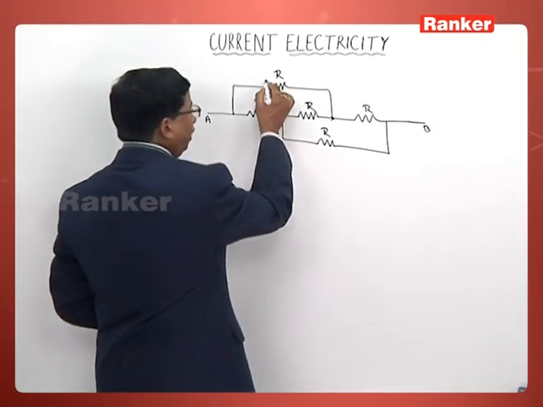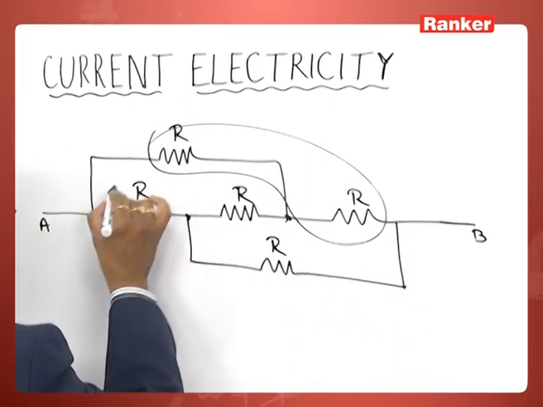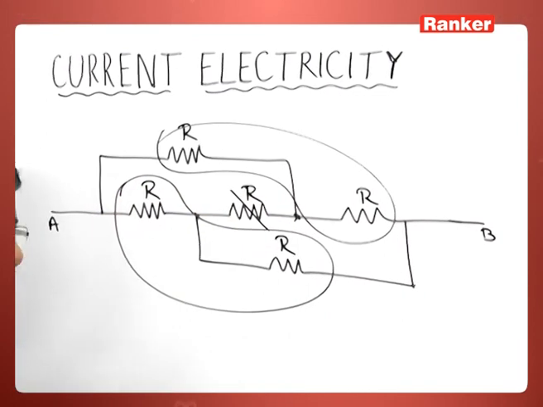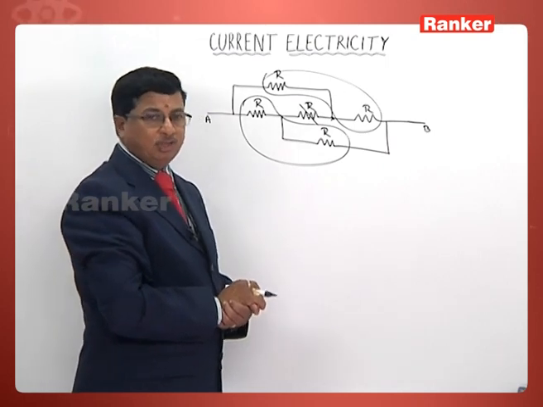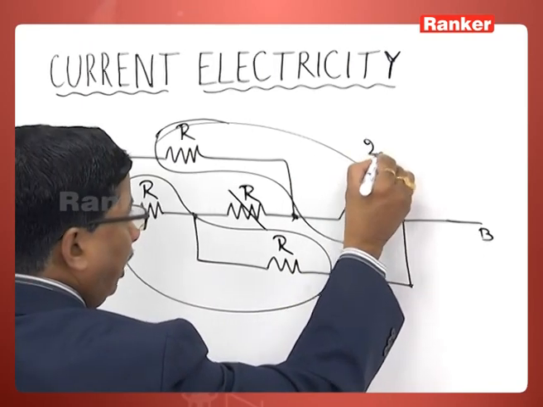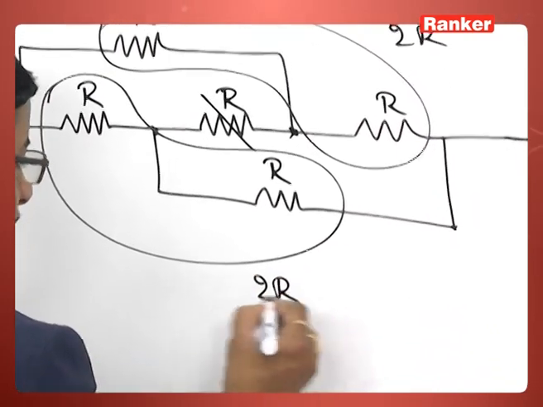Now here what you should understand: these two are in series, these two are in series, and this resistance does not carry any current. So automatically we can understand that when these two are in series, the value will be 2R. These two are in series, the value will be 2R.